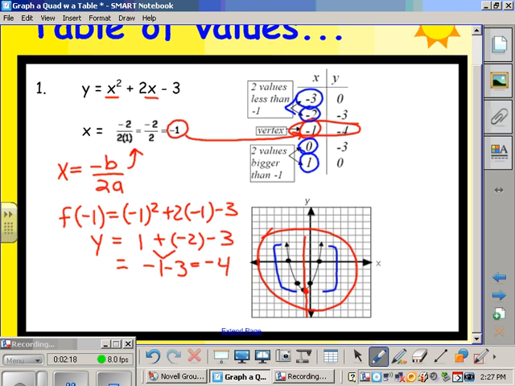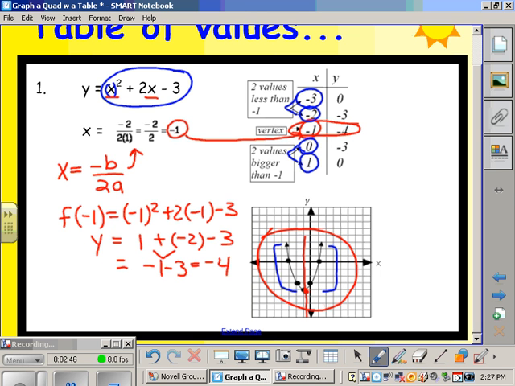So the ones that are less than -1, -3 and -2, those will represent the points on the left side of the parabola, and the two numbers that are greater than -1, the 0 and the 1, those represent the 2 points to the right of the vertex. Okay, and then from there, just like you did with the vertex, you pick your x values, and then you just plug them into your equation for x one at a time.